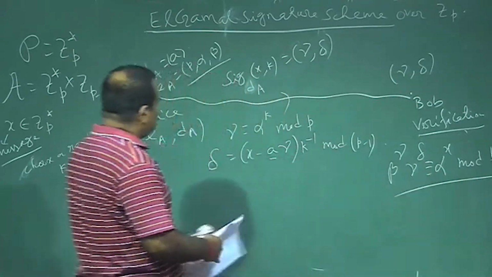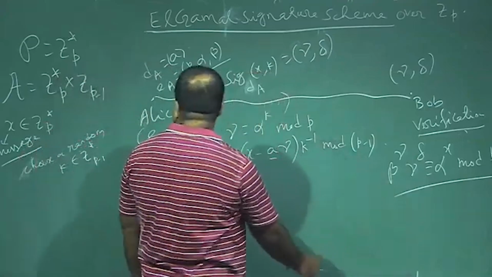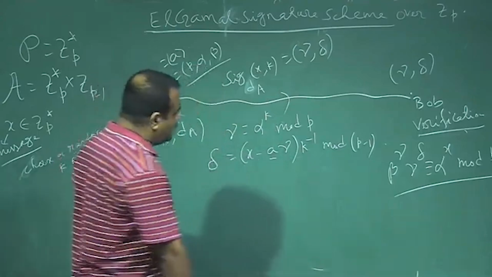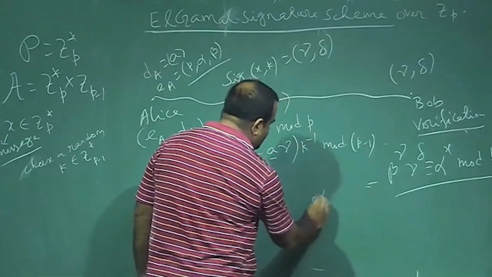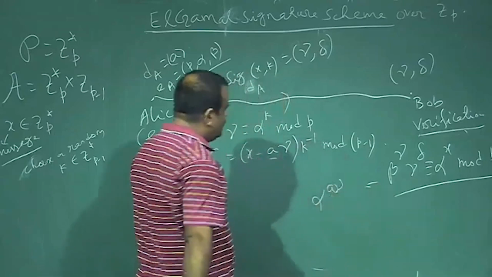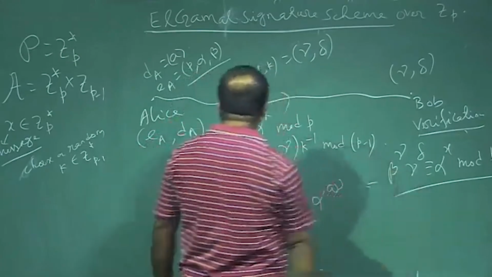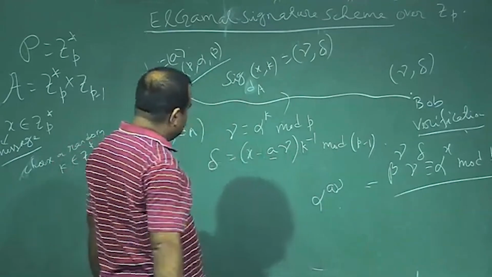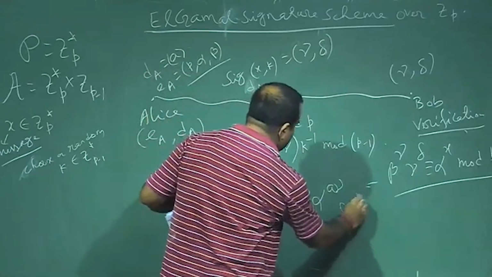So, why is this true? Basically we can simplify this. Beta is alpha to the power a, so beta to the power gamma is alpha to the power a gamma. Gamma is alpha to the power k, so gamma to the power delta is alpha to the power k delta.